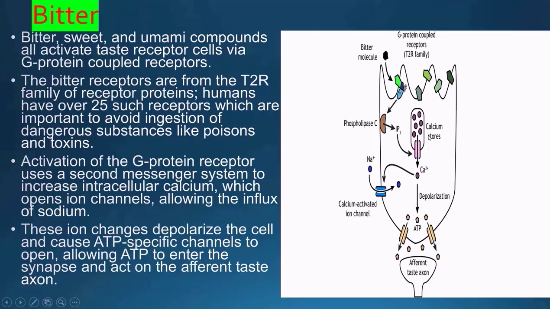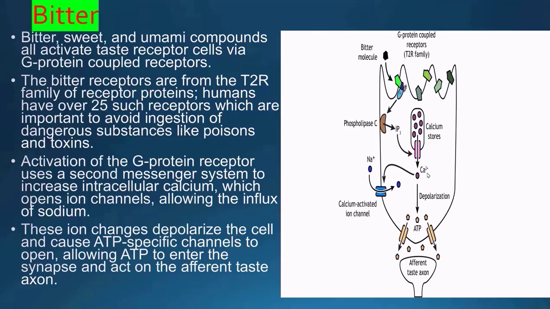When it is activated, the alpha component is detached and it produces a second messenger which is called phospholipase C or IP3. This IP3 acts on the endoplasmic reticulum and opens the calcium channel, and calcium is released from the endoplasmic reticulum to the intracellular fluid, and it also opens the sodium channel.